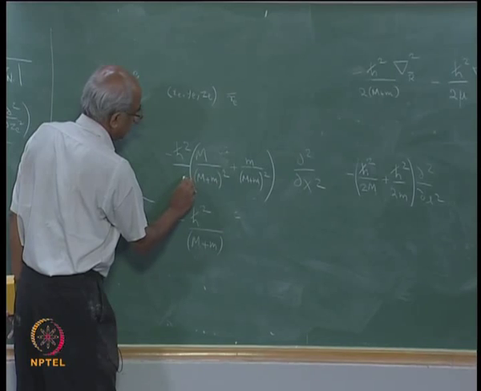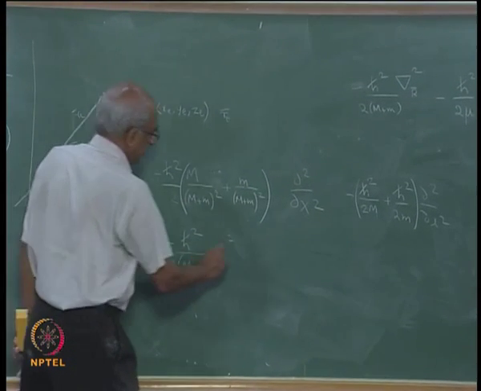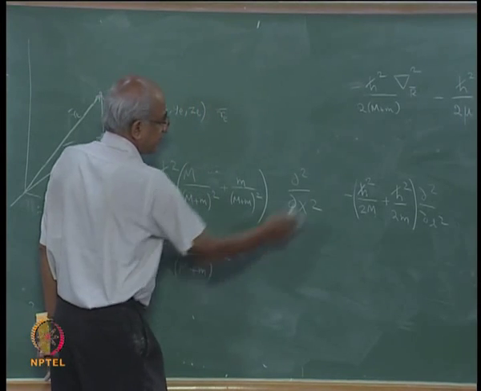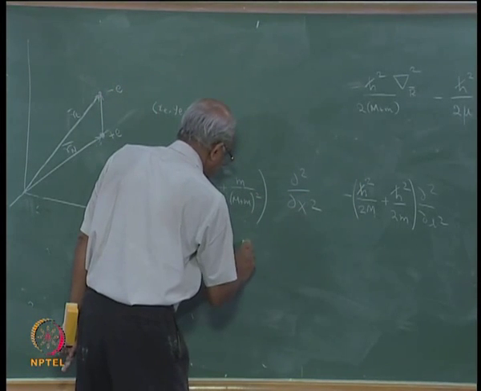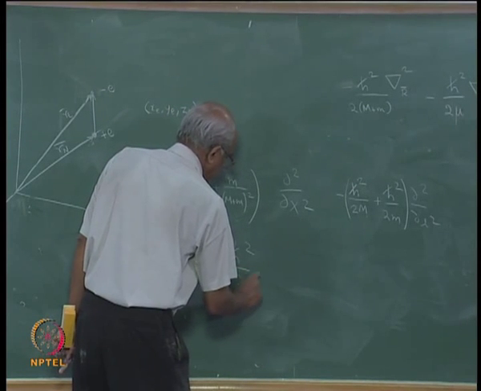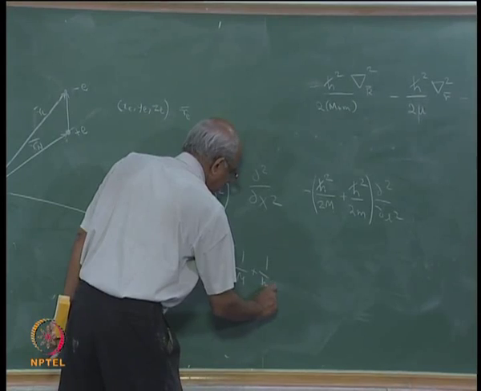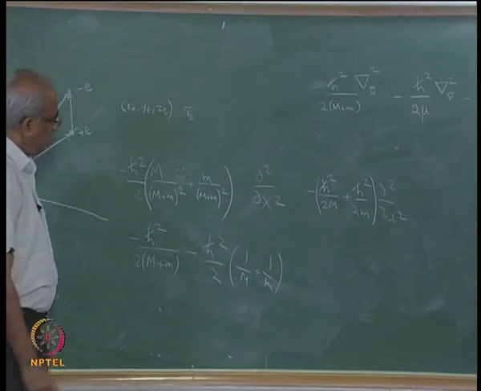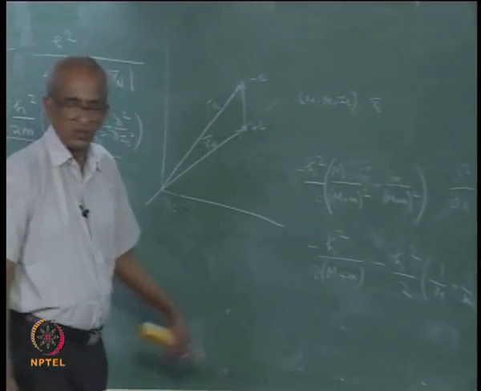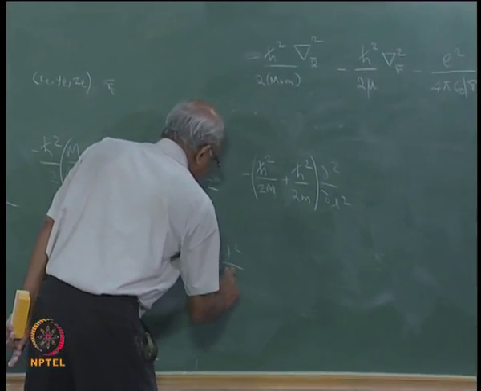So, there is a 2 here. So, here again you will get a 2. Then this term will be minus ħ² divided by 2 into (1/M + 1/m), ∂² upon ∂x².